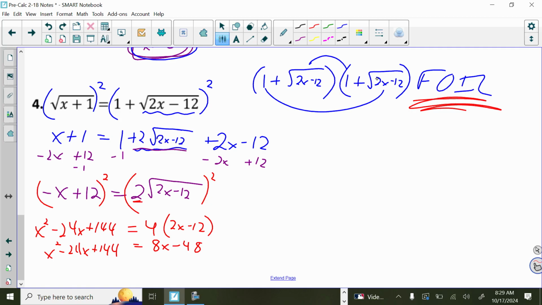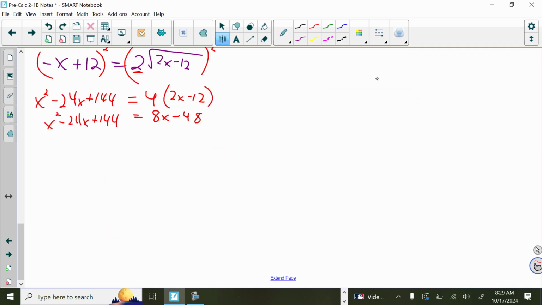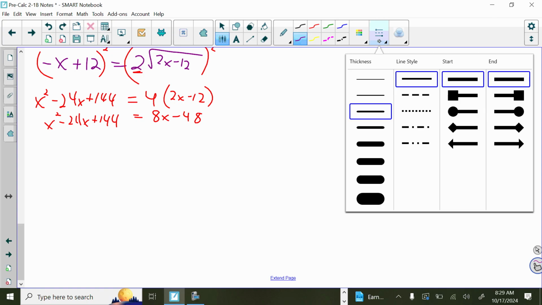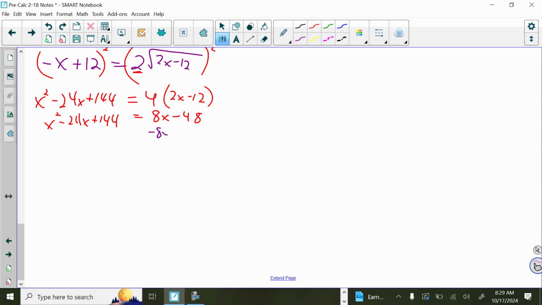Okay, so continuing to isolate and solve, I want to get this equal to 0. So I'm going to bring this 8x over by subtracting it. Add this 48 to the other side too. So I end up with, I think, x squared minus 32x plus 192.